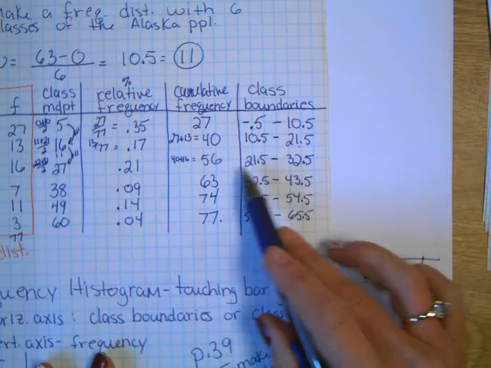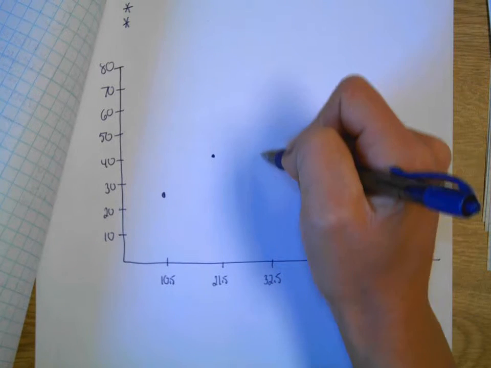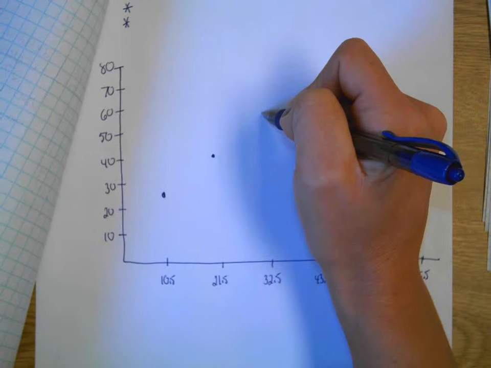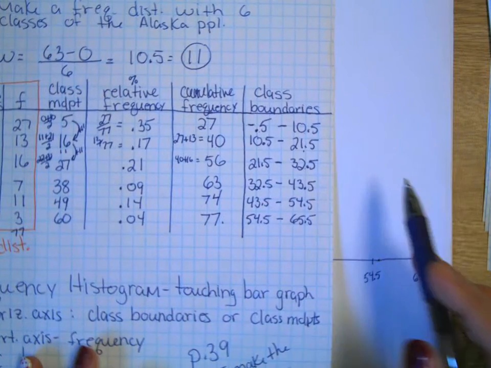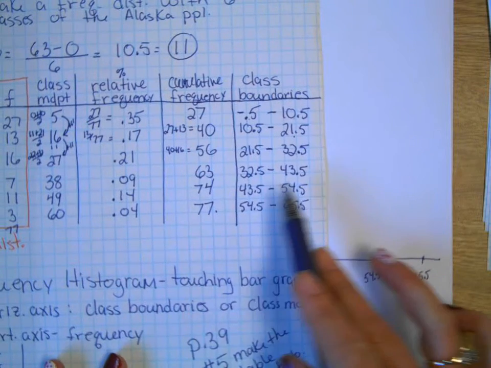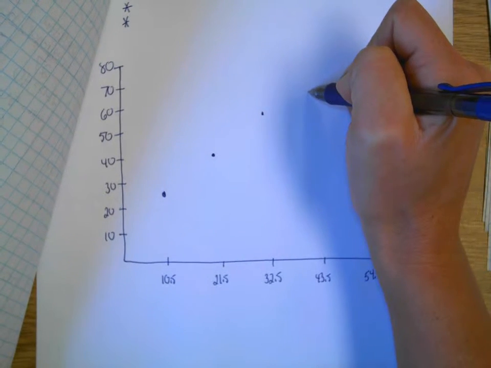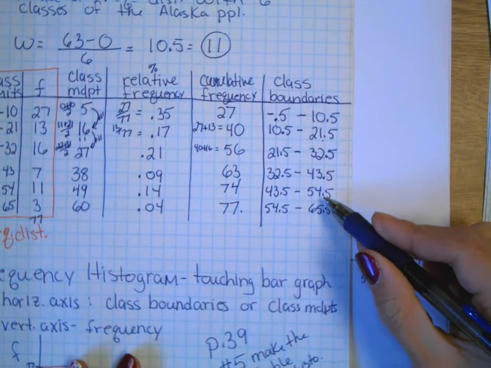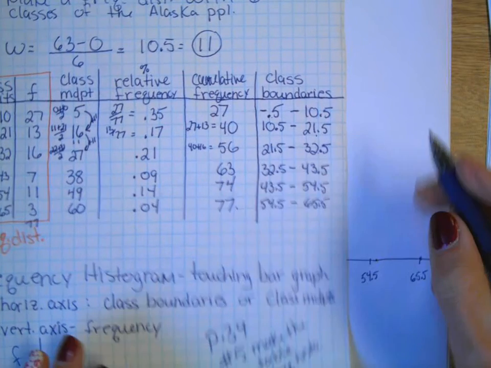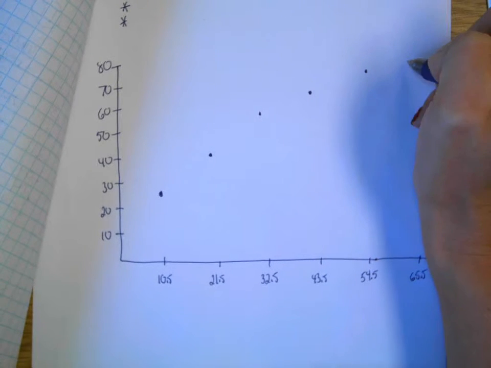At 32.5, 56. About there. It's hard to tell. Where am I at? I'm at the 63. 74. And the last one, 77.